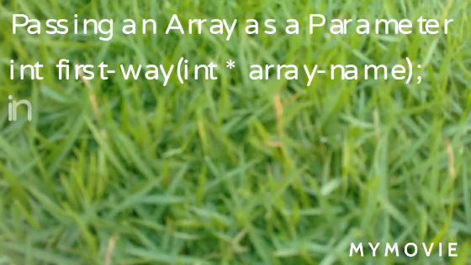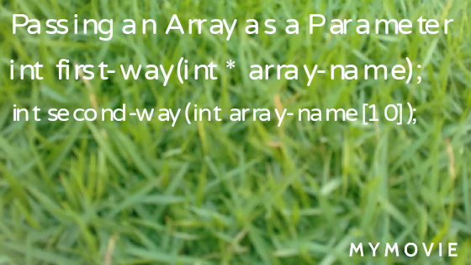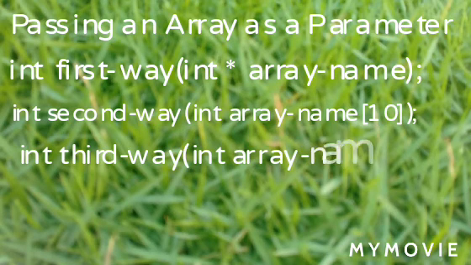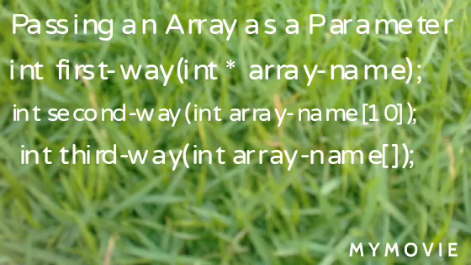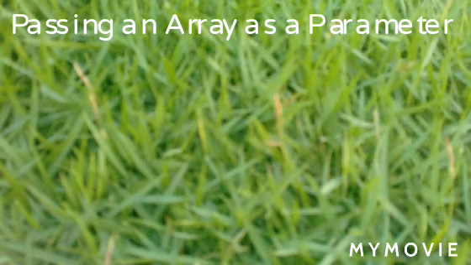Another way is to pass the array with the size, so the formal parameter is a sized array. The third one is to pass it with no size, so the formal parameter is an unsized array. Declaring an array is also possible in three ways like this, but we will not discuss pointers.